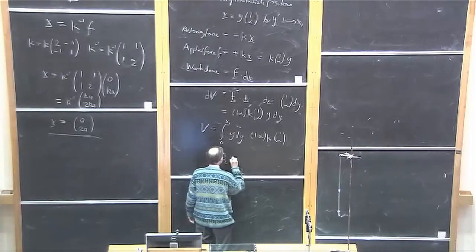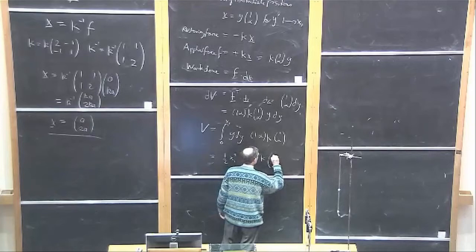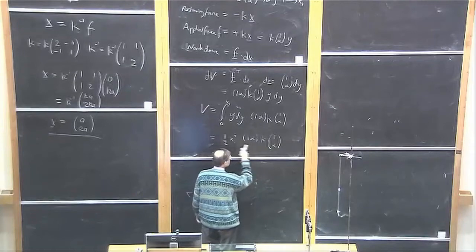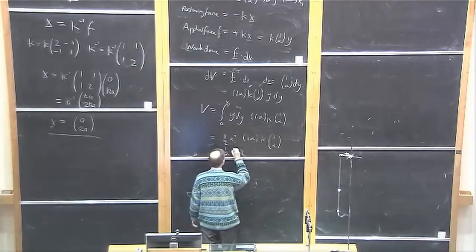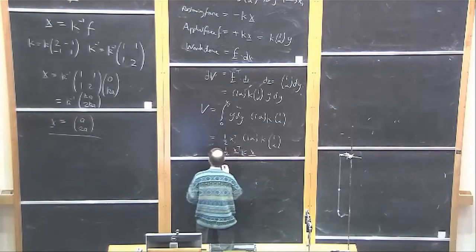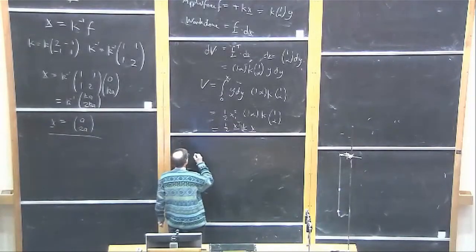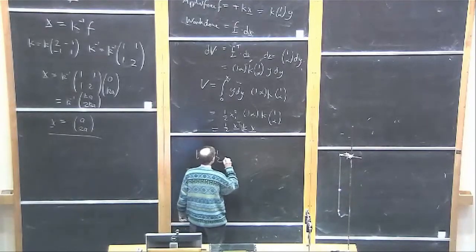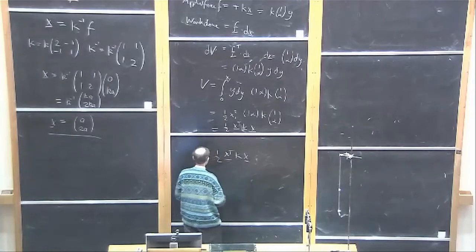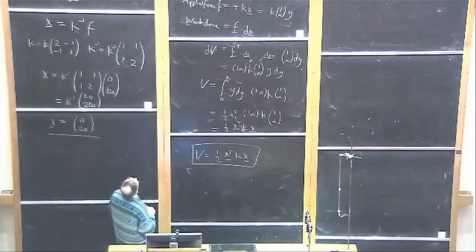So it's a half x1 squared (1, alpha) k (1, alpha). And if I distribute x1 into that vector and x1 into that vector, that becomes a half x transpose kx. So the potential energy is always a half X transpose K X. And that's the corresponding expression to the T, which is just at the top of the board there.